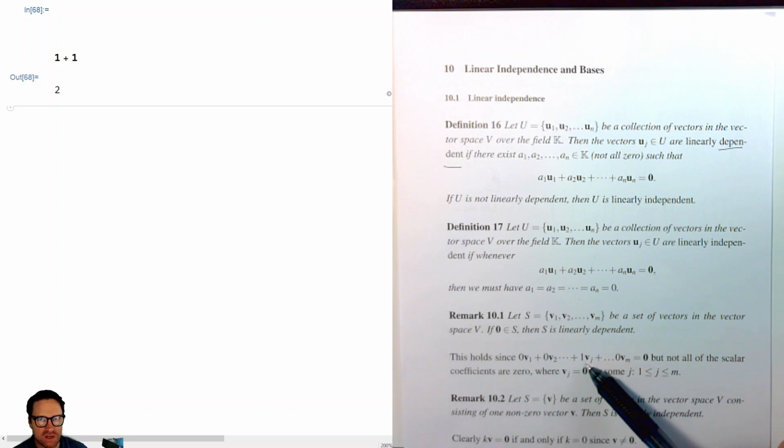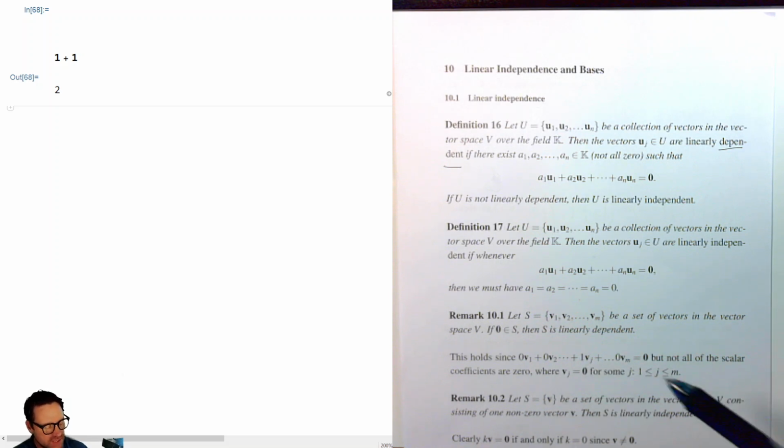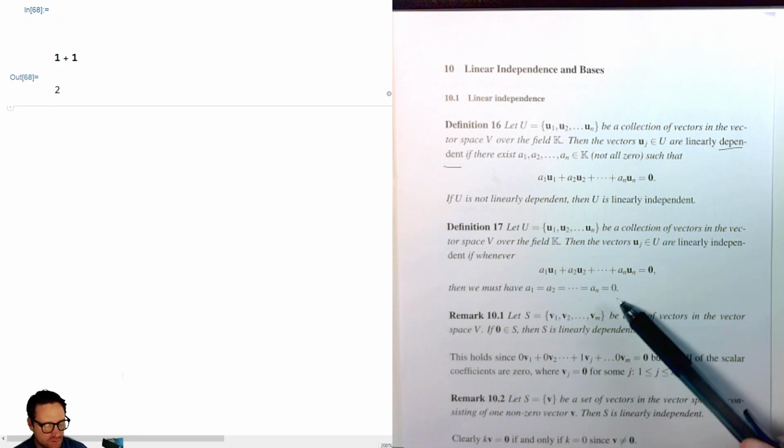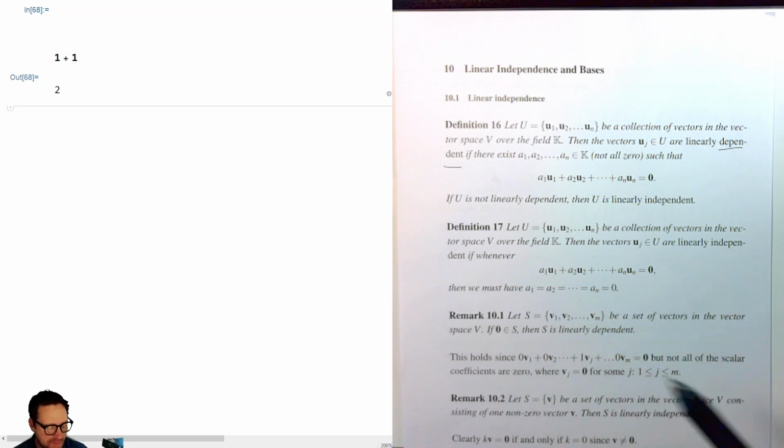The coefficient of that zero vector could be 1. So we're not forced to have all coefficients 0. Therefore, if 0 is in the set, then that set necessarily has to be linearly dependent.